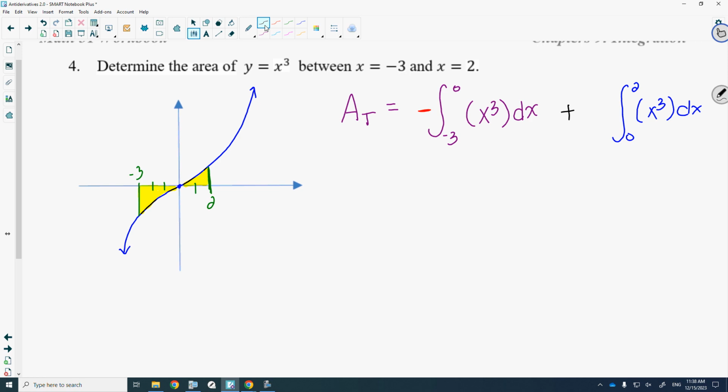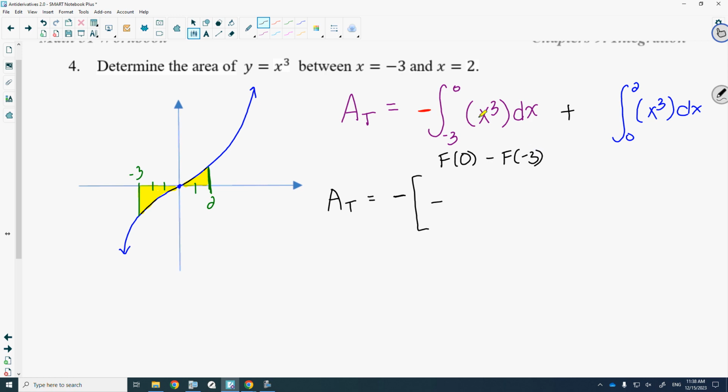Okay, so area total. This first part is going to be negative, and then I'm going to do f of b, where b is 0, minus f of a. So for this integral, I've got my negative in front. f of 0 is just 0 minus f of -3.